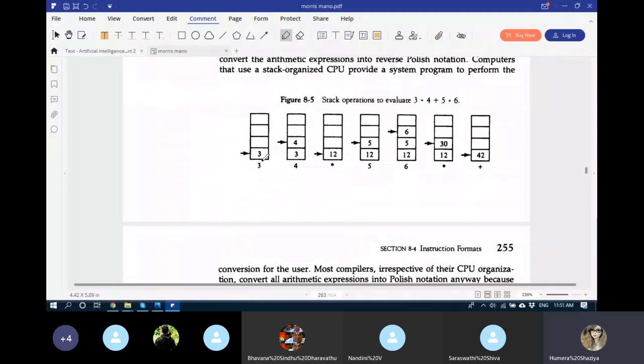You are performing a push of 3, so 3 is added, and now you perform push of 4, because our expression is 3 4 into 5 6 into plus, this is reverse Polish notation, this is our expression.